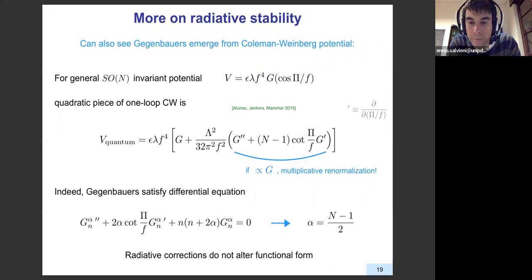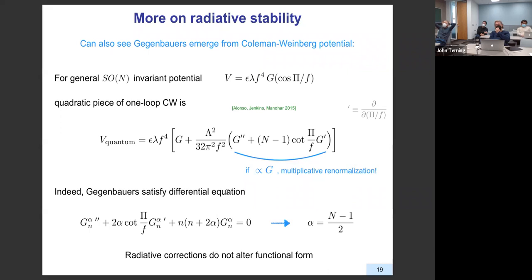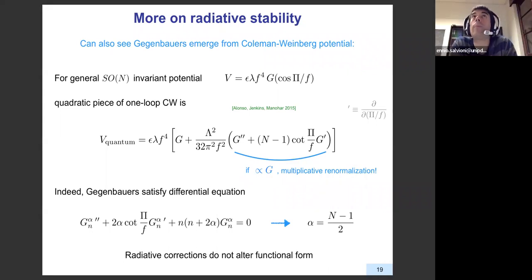But for the polynomial, I'm sure it's unique, right? If G is literally a polynomial, but it's not obvious why you should want a polynomial in cosine pi over F. The polynomial of cosine pi over F comes from the requirement that I have an SON invariant.